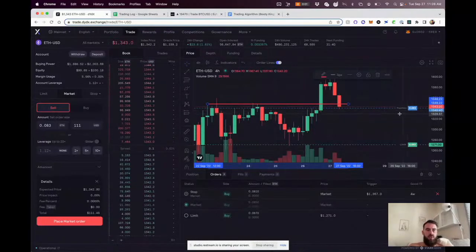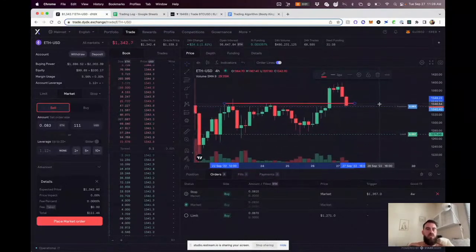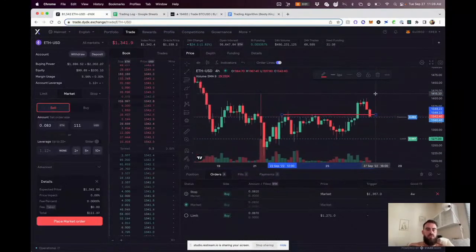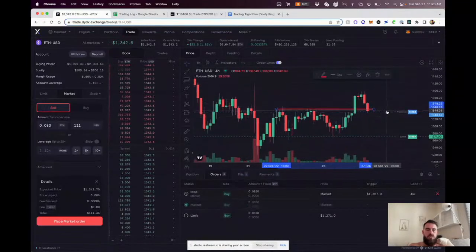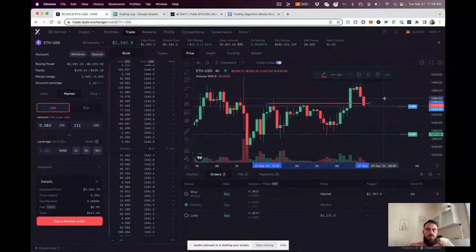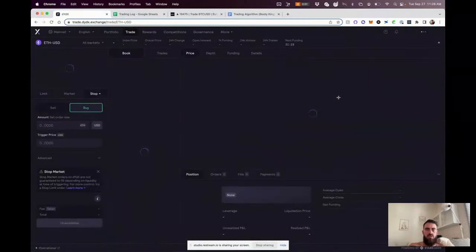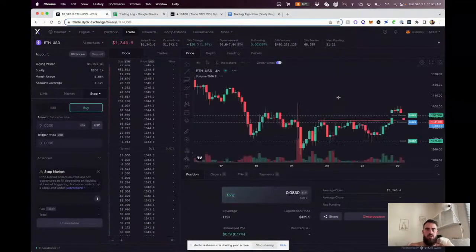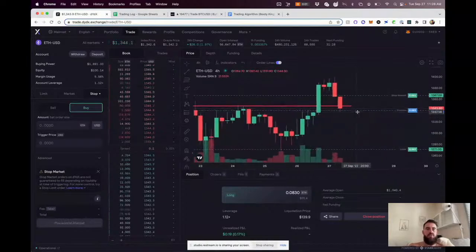So we entered at 1340 on a market order, and we set our stop to 1367, which is oddly not on the screen. There it is. Okay. There's a stop here, take profit. It's a 3-to-1 risk ratio. And I'm going short here.